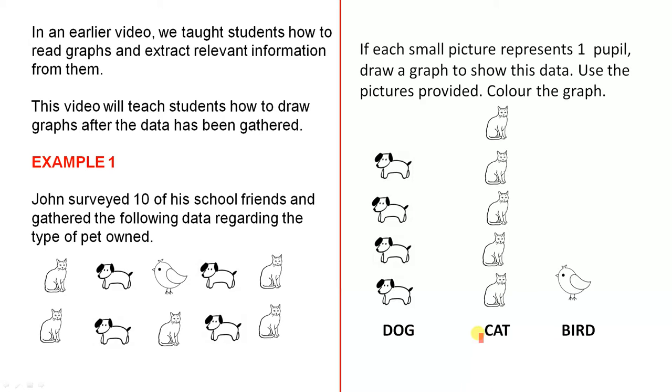You'd put the information on the bottom here with the different types of pets, and then taking the data directly from here, you just line them up nicely, and when you're finished you can see straight away that 4 students owned dogs, 5 students owned cats, and 1 student owned a bird. That's the beauty of a graph. It's very visual and you can extract information from it very quickly.